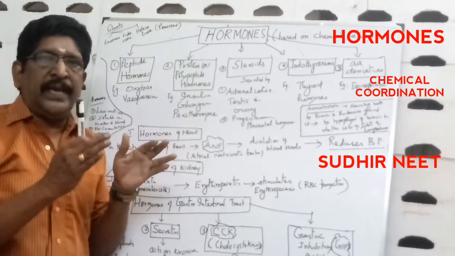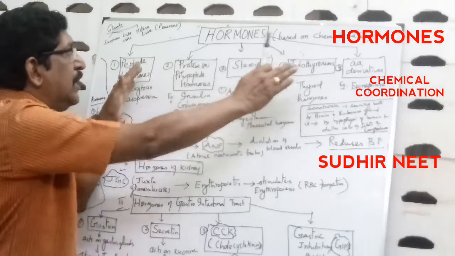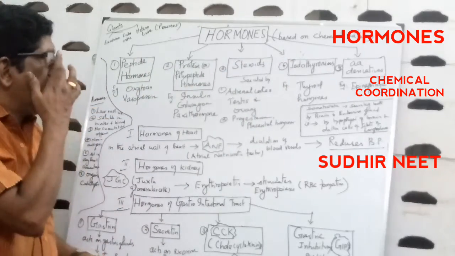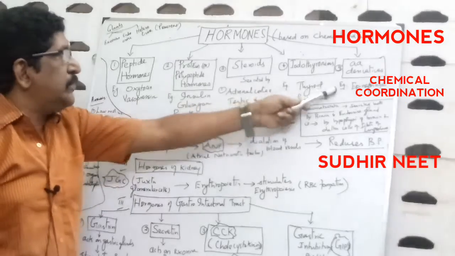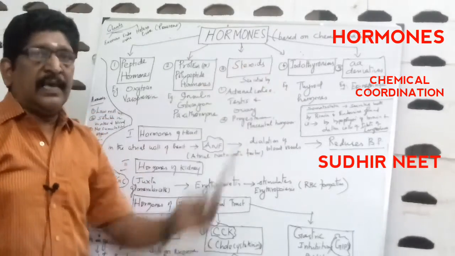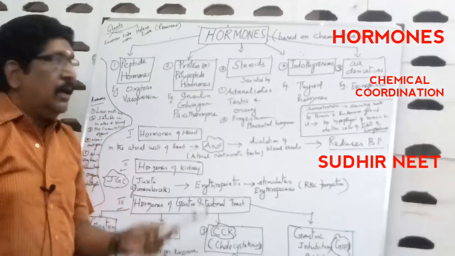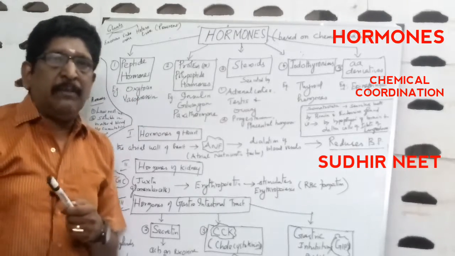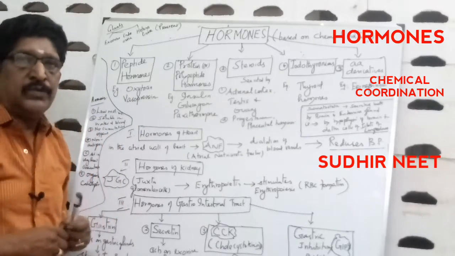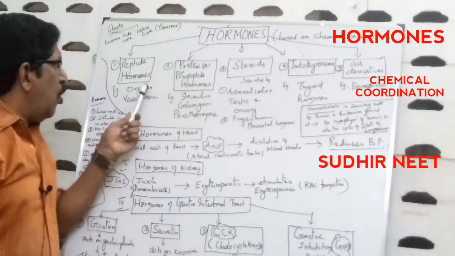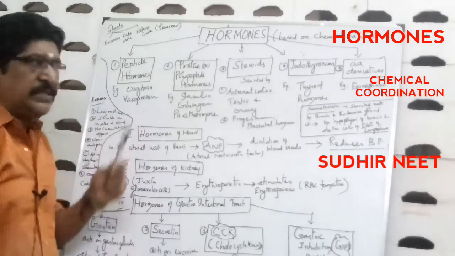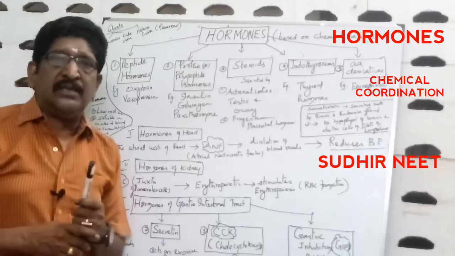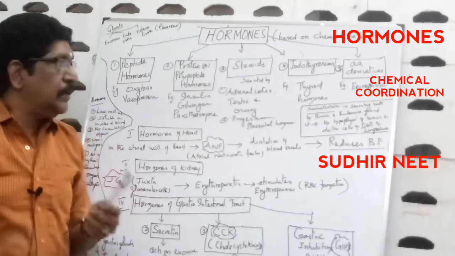Now let us come to the classification of the hormones based on the chemical nature. There are 5 types of hormones based on the chemical nature. Number 1, peptide hormones. Example, oxytocin, vasopressin. These 2 hormones are produced by the neurohypophysis of the pituitary gland.